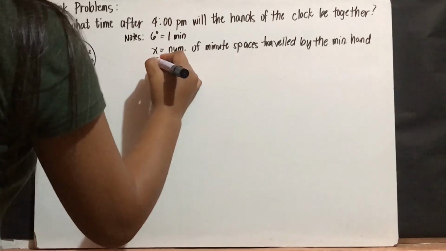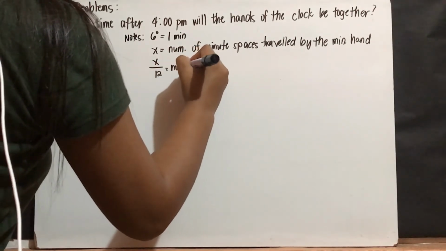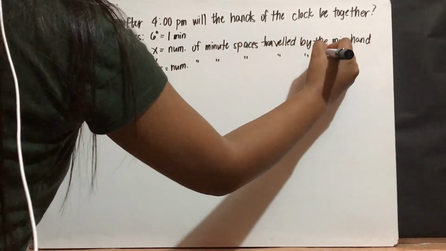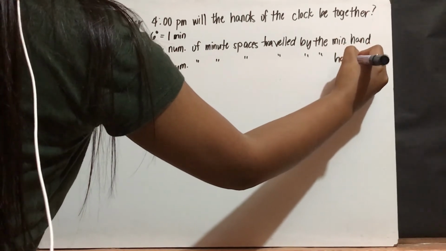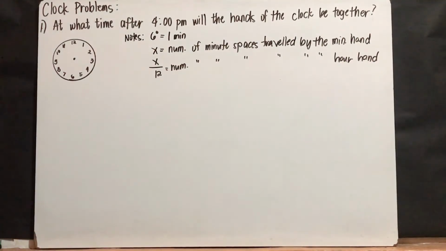And then we have x over 12, which is equal to the number of minute spaces traveled by the hour hand. Okay, so yan yung mga keynotes or points na kailangang tandaan in solving clock problems.